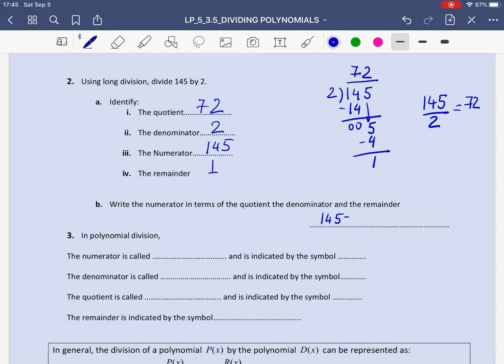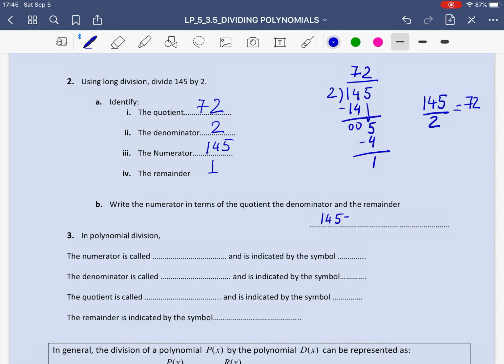Now, in polynomial division, we practically do a similar thing, but we introduce some newer ways of describing our terms, because we don't have just numbers, we have terms, and that will slightly alter the process of division. So in polynomial division, the numerator is called the dividend, and the symbol more commonly used is p(x).